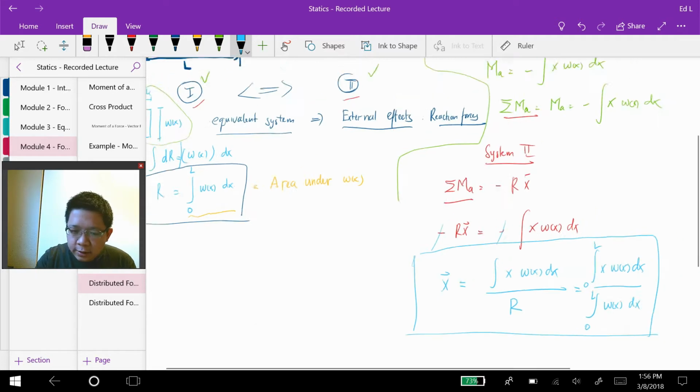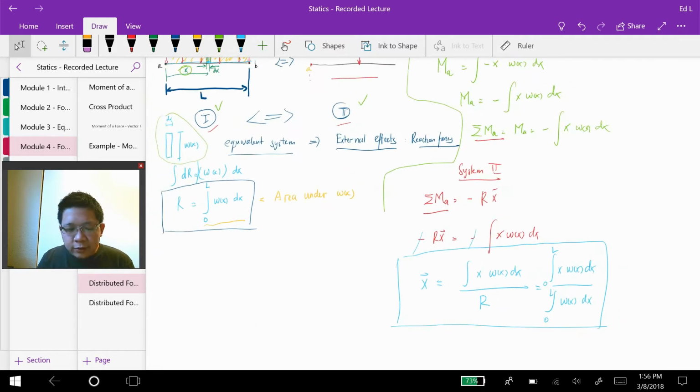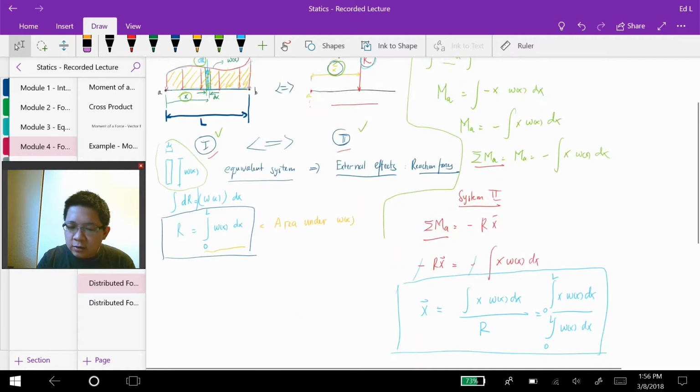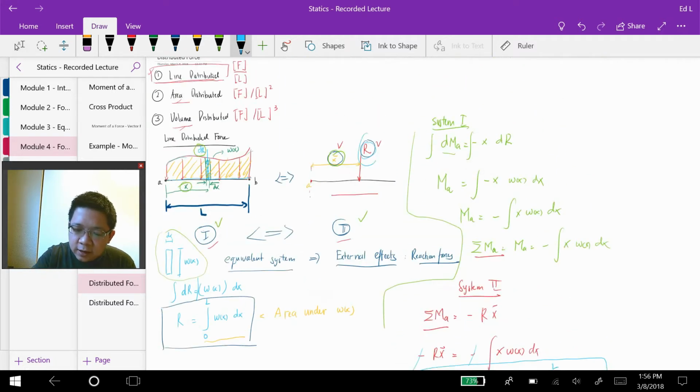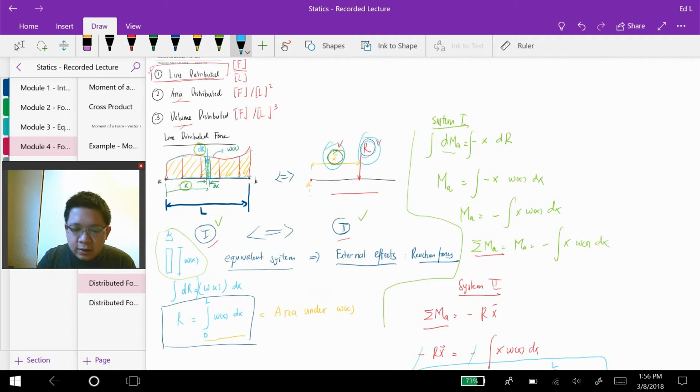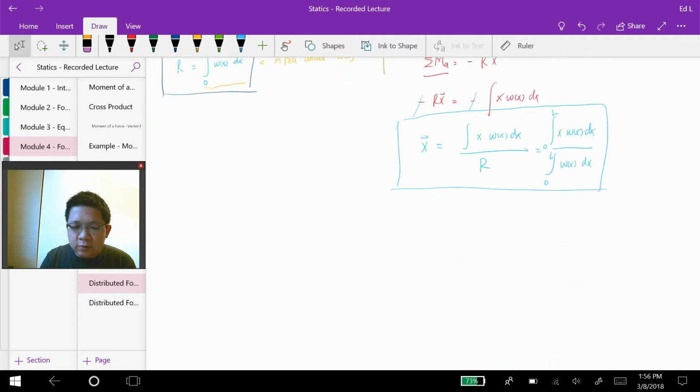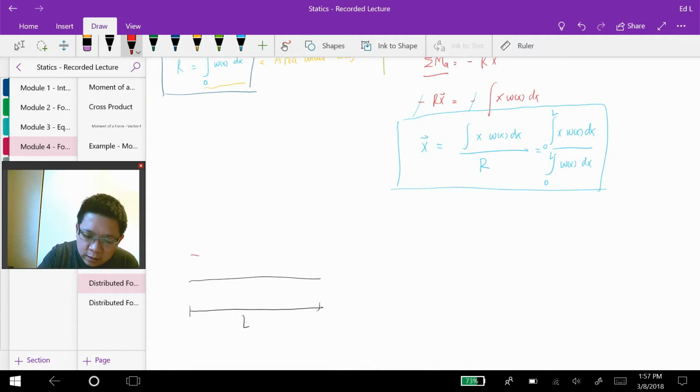I would like to encourage you to perform calculations to find what is R and x bar for a simple distribution of distributed force. So let's say that we have a beam, right? The length of the beam is L, and we have a uniform distributed force in here, and let's call that w(x) is w naught.